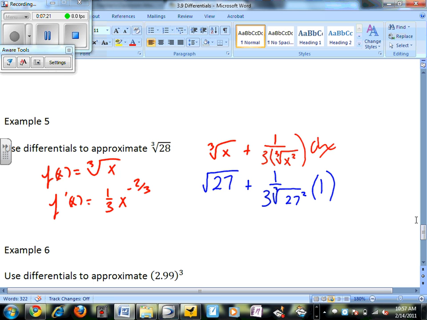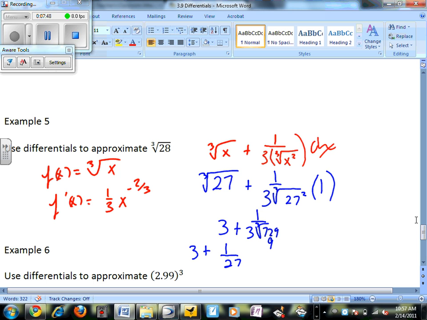So the cubed root of 27 is 3, plus 1 all over 3 times the cubed root of 27 squared, which is 729. The cubed root of 729 is, I believe, 9. So I'll have 3 plus 1 all over 3 times 9, which is 27, times 1.